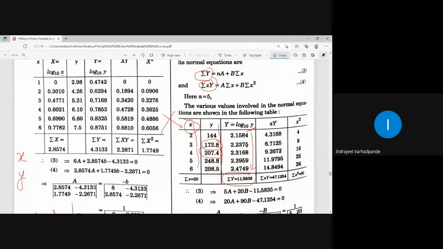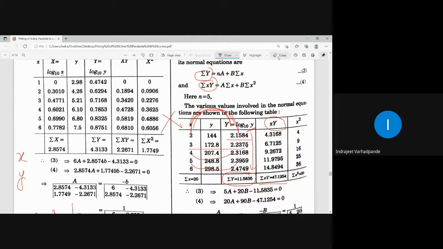Now I want the product as small x into capital Y. So these two columns will be multiplied: 2 into this, 3 into this, 4 into this, 5 into this. So that is giving you the column for small x into capital Y. Take the summation. Summation of small x into capital Y, at the bottom, is a particular value.